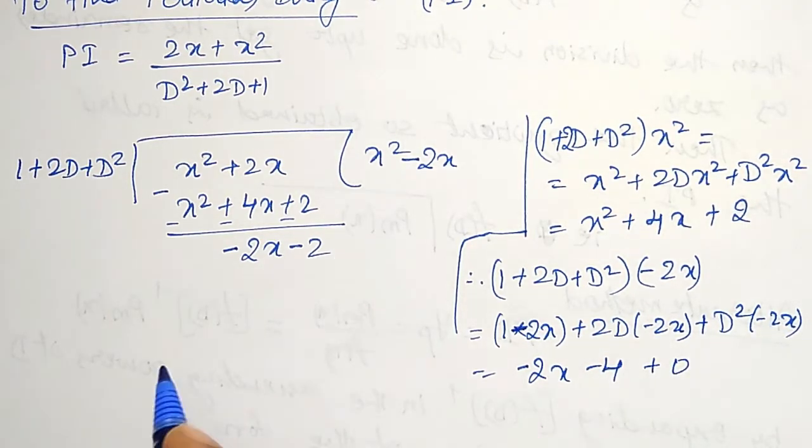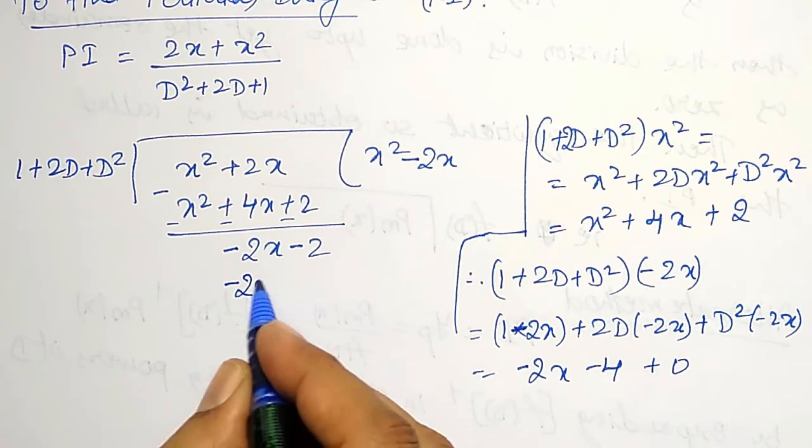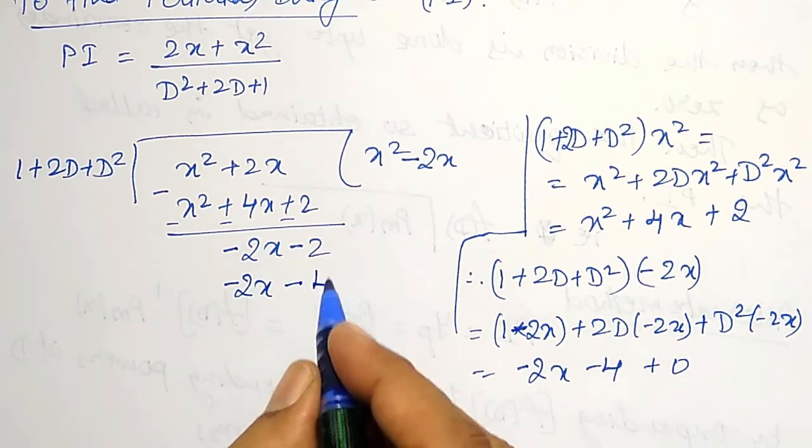Therefore this term is minus 2x minus 4.